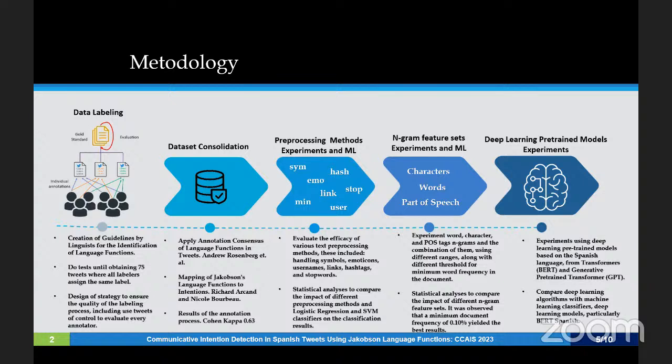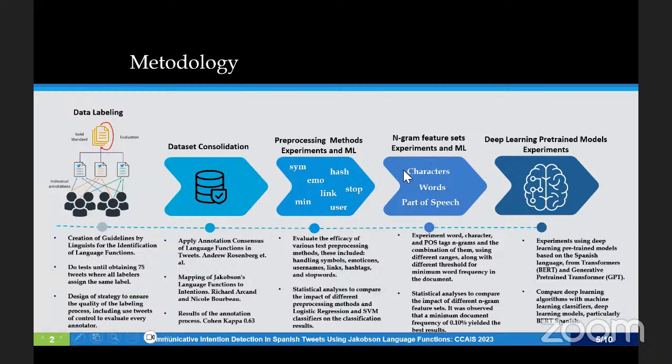Then we do tests until obtaining 75 tweets where all labelers assign the same label. These 75 tweets we use as control tweets to evaluate every annotator.